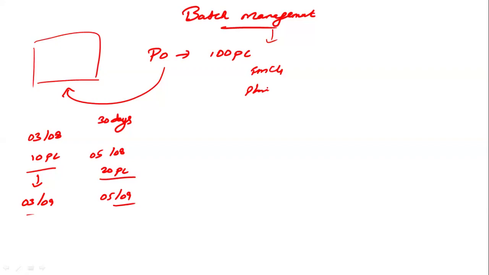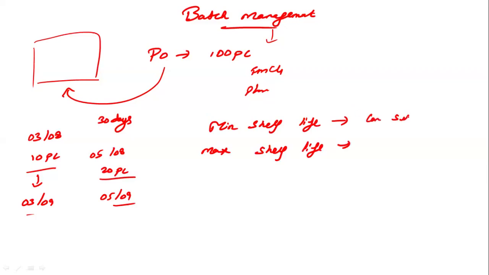Okay, now there are two terminologies which you need to understand. One is the minimum shelf life. One is the maximum shelf life. So what is the meaning of minimum shelf life and maximum shelf life? The meaning of minimum shelf life is the material can sustain at least for 3 days.